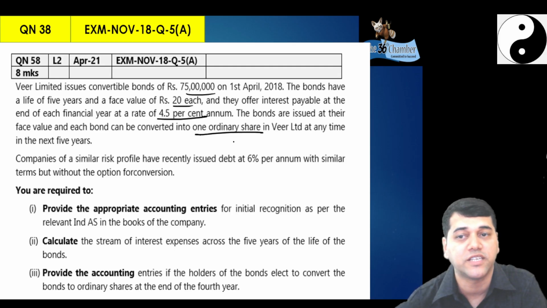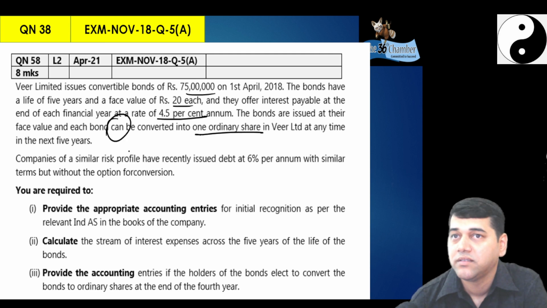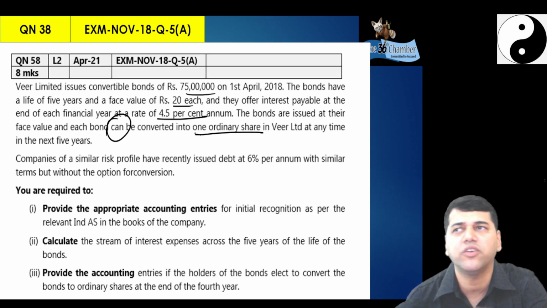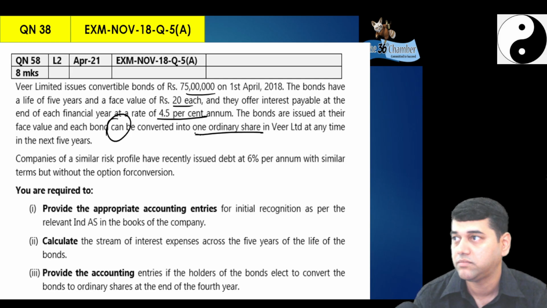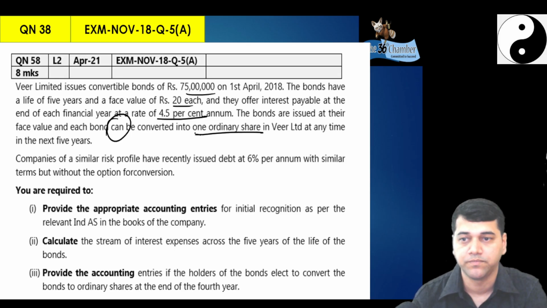Is it optional? They said can be. Whose option? Must be the holders', because an issuer's option does not appear in your study material. So the question is silent; always assume it must be the holder's option.